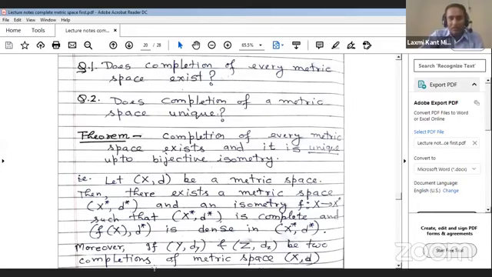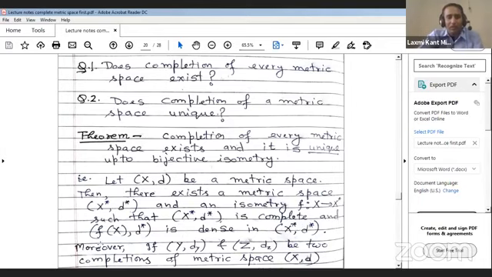We have written this statement in another form: let X be a metric space, then there exists a metric space (X star, D star) and an isometry F from X to X star, such that (X star, D star) is complete and the image of F, that means F(X) with the metric D star, is dense in (X star, D star).